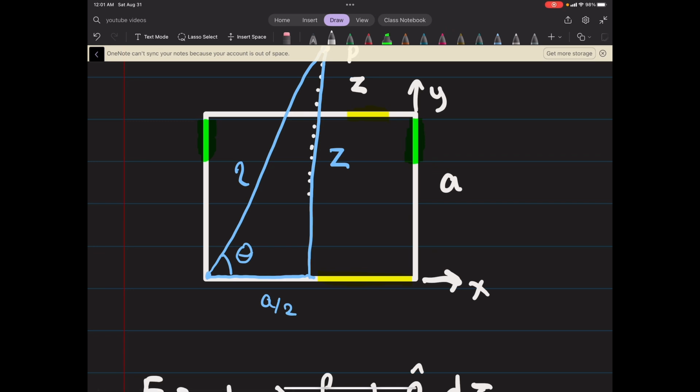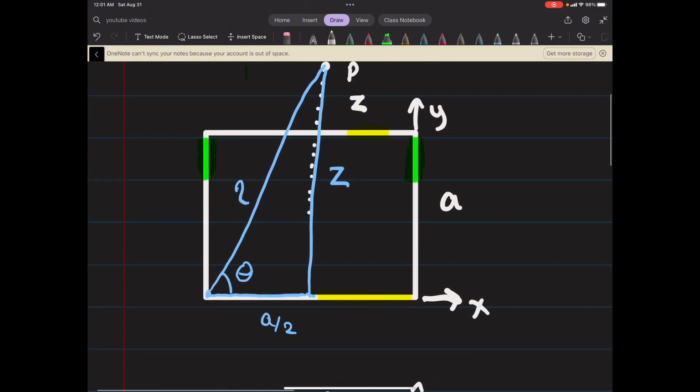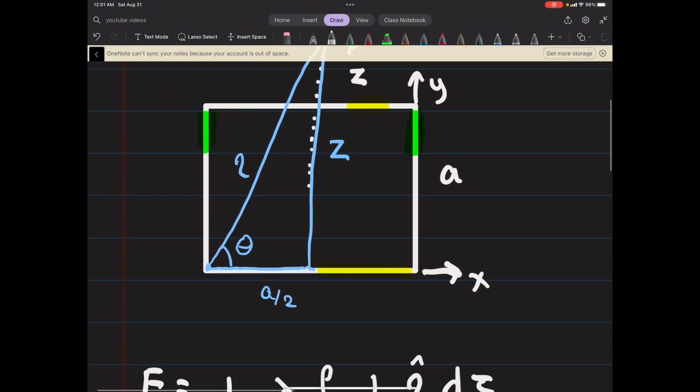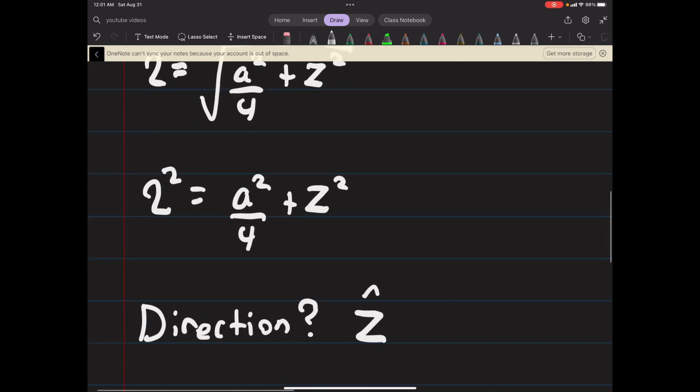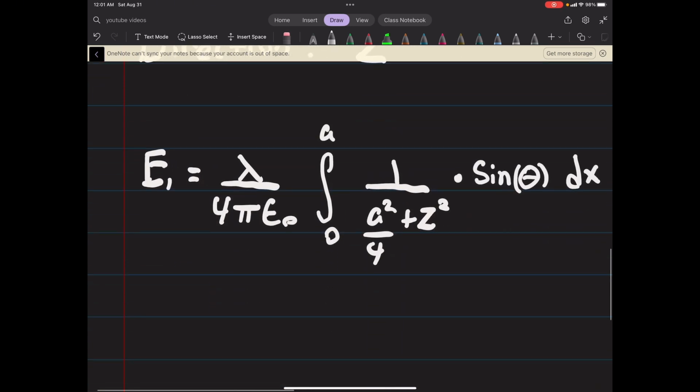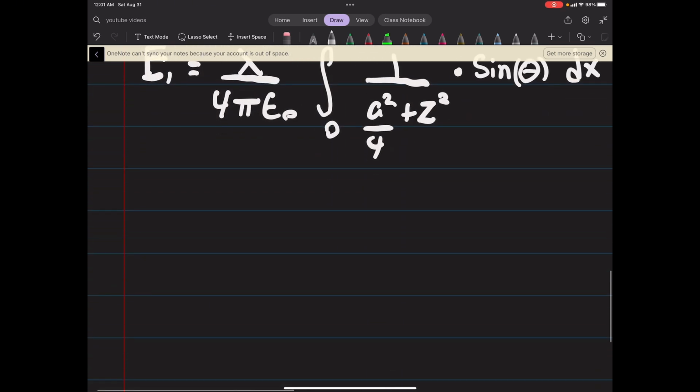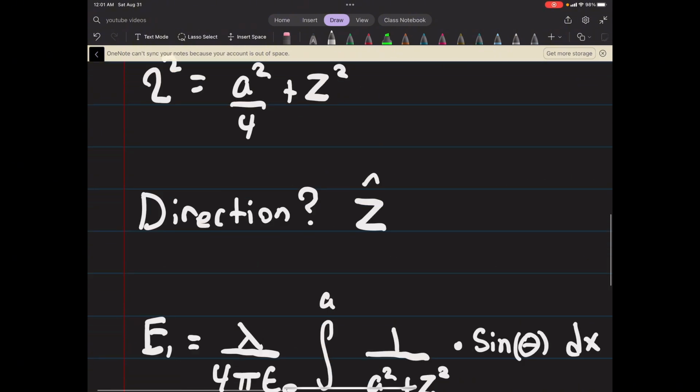And hopefully that makes sense how everything cancels if you see it like this. But you could have set your angle differently. It doesn't really matter as long as you're consistent. Hopefully this all makes sense. Sine of theta is going to be the opposite of the angle.